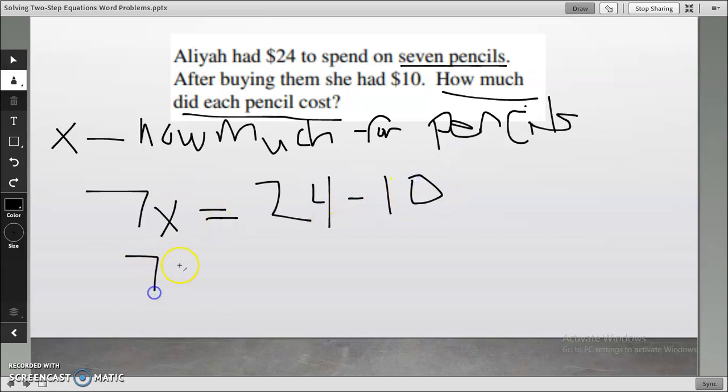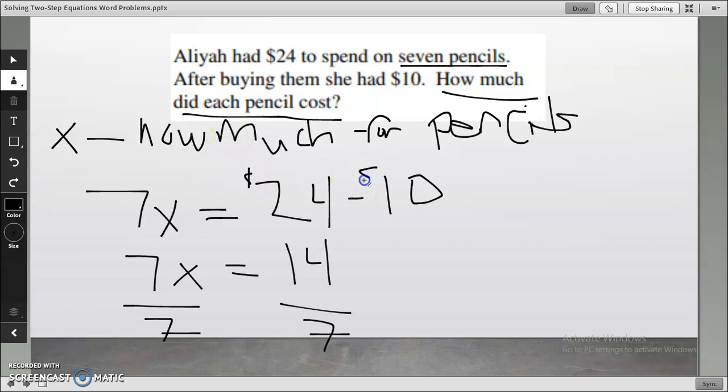So that means in total she spent $14. So now I can divide by 7 on both sides. Sorry about that, this is $24, and this is $10. So my 7s cross out, and I'm left with each pencil costs $2.